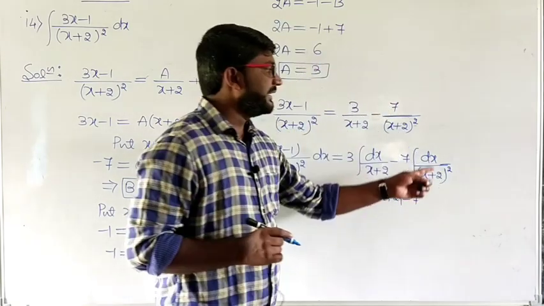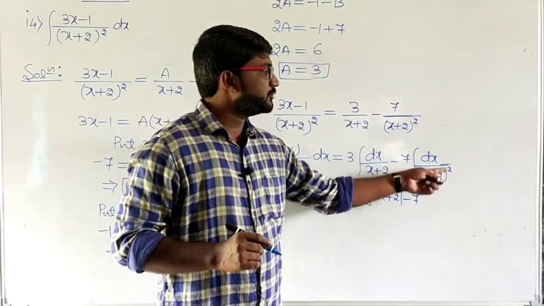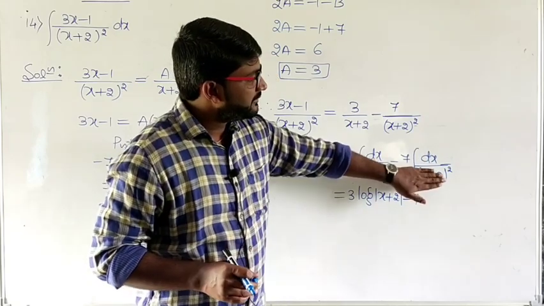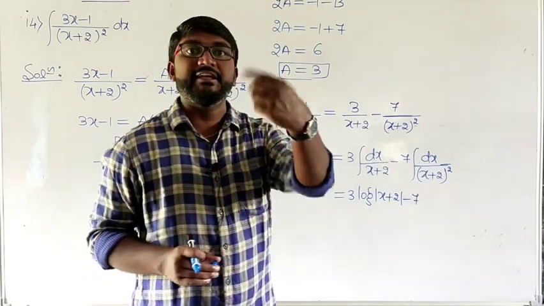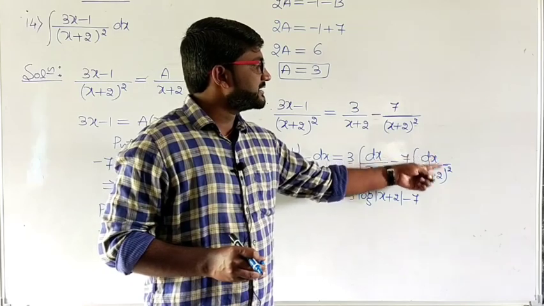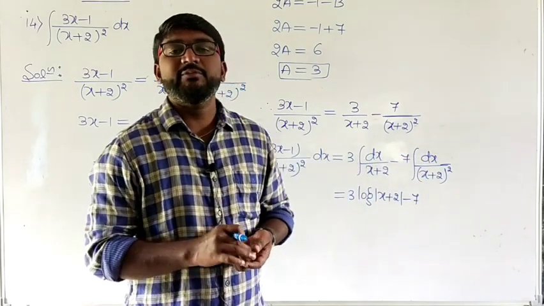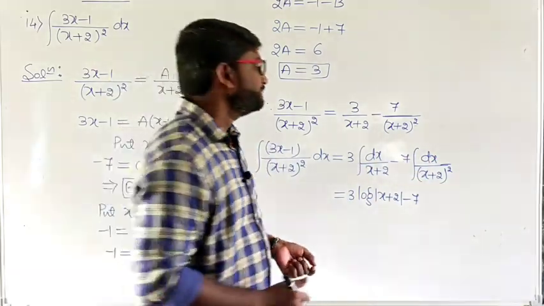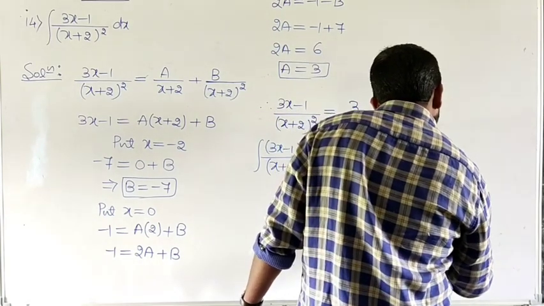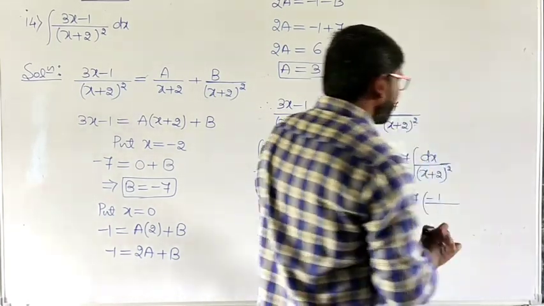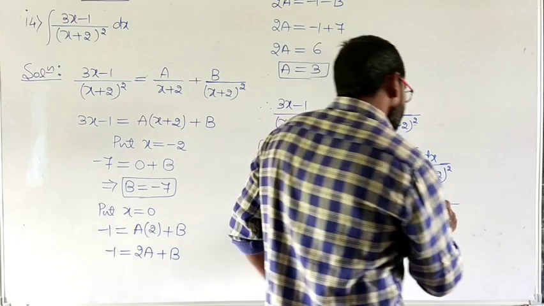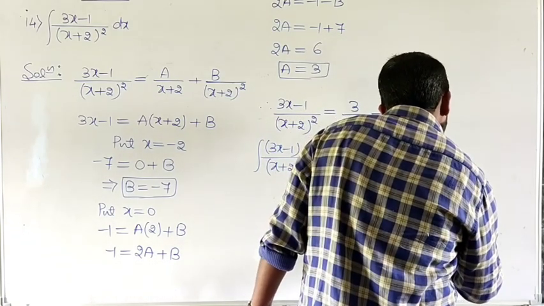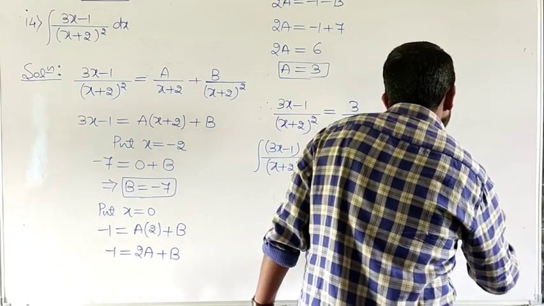Then what is the integration of dx by (x plus 2) the whole square? Here we should take x plus 2 as t. It is in the form of dx by t square. That will be minus 1 by t. So minus 1 divided by t. What is t? It is x plus 2, plus c.